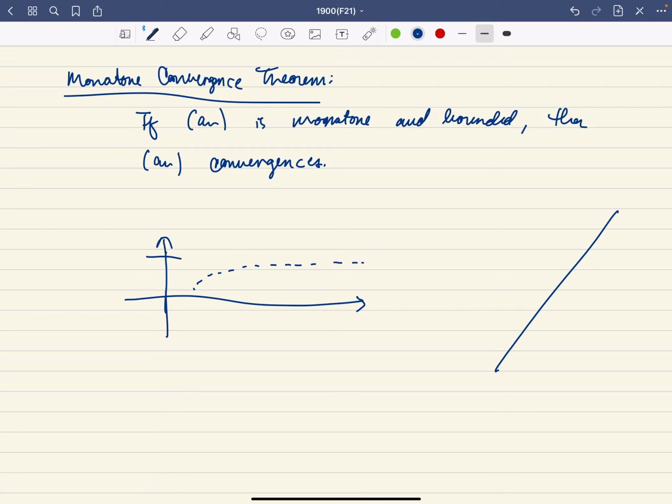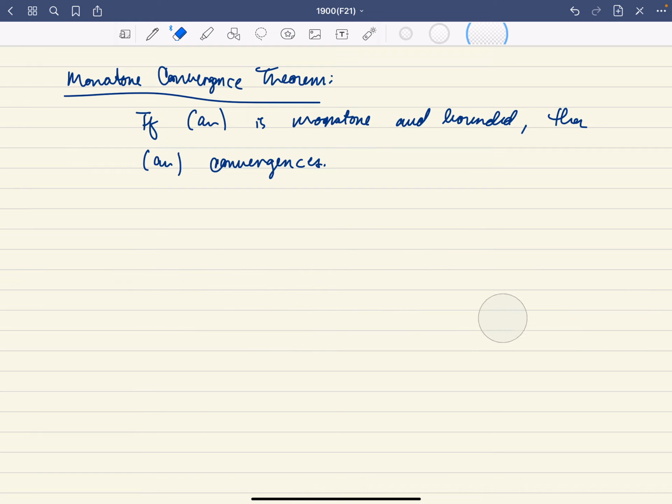Often it's unbounded and goes to infinity. That can't happen if the sequence is bounded. The other case is something like sine of x, where it oscillates. That can't happen if the function's monotone. I'm not going to prove the monotone convergence theorem, but that's roughly the intuitive idea.